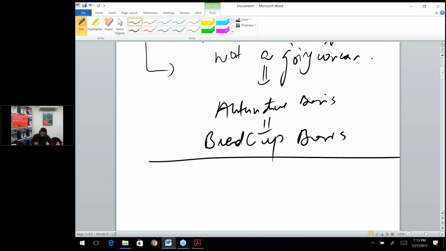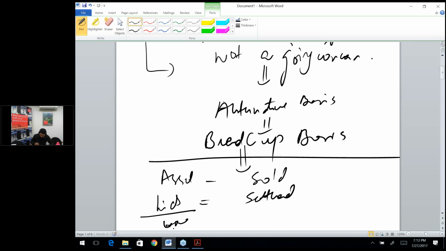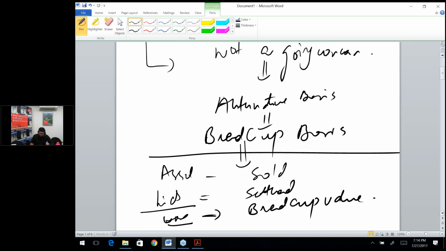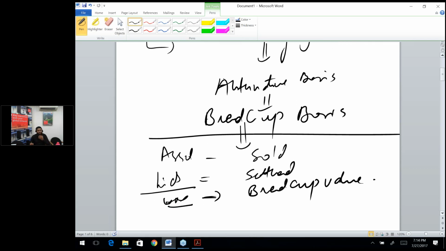It means that if all the assets are sold today and all the liabilities are settled today, the net amount that we are going to receive is termed the breakup value.